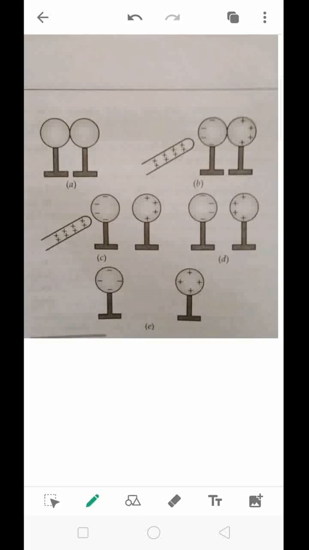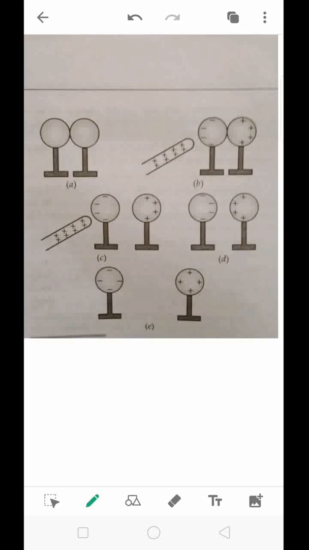Next, in case E, both spheres are still separated, and we have already understood that there are negative charges on the first sphere. These negative charges got transferred and uniformly distributed throughout the surface. See how they are distributed throughout the surface. So the first sphere has become negatively charged by uniformly distributing all the charges on its surface, and the second sphere became positively charged by distributing all the positive charges on its surface.